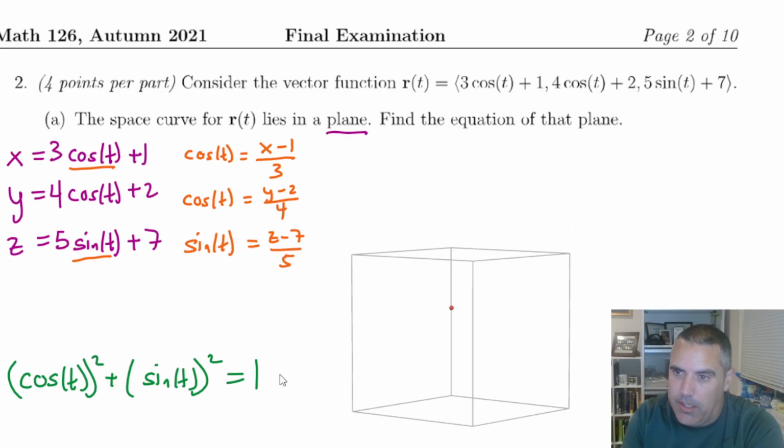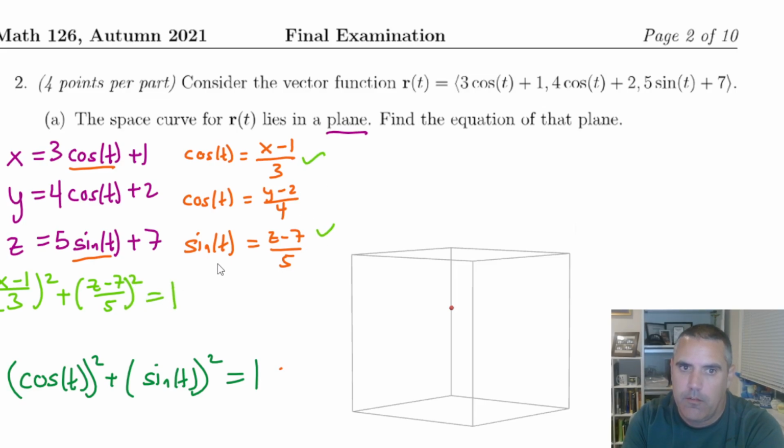So what can we say? Well, we can say two things immediately. One thing we can say is that (x minus 1 over 3) squared plus (z minus 7 over 5) squared equals 1. That's putting those two together.